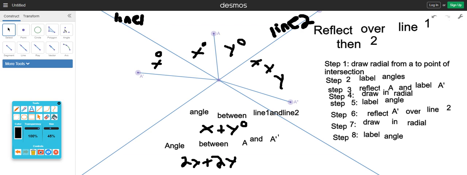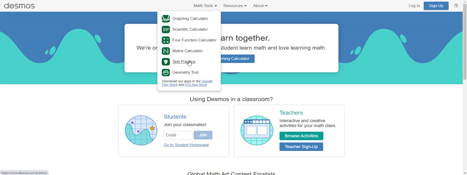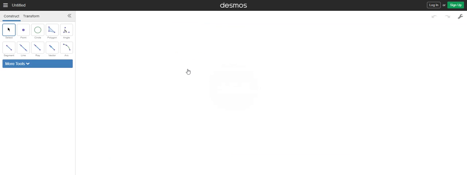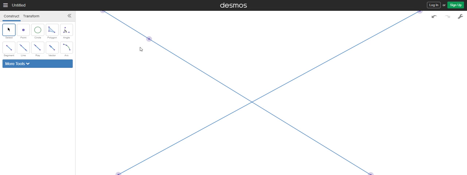Okay. We're going to do one more. So let's say I give you again 2 lines. Actually, going to move this. 2 lines. And I give you a point A, but this time, let's say A is over here.